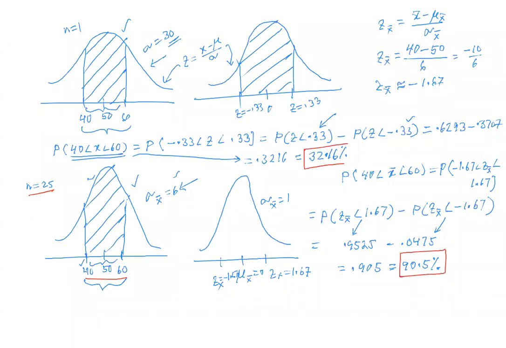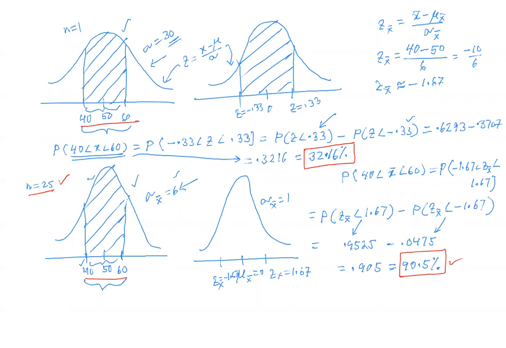For one person, there was about a 32% chance that it would fall between 40 and 60. But for the average of 25 people, there is a 90% chance. You can see how high the probability is.